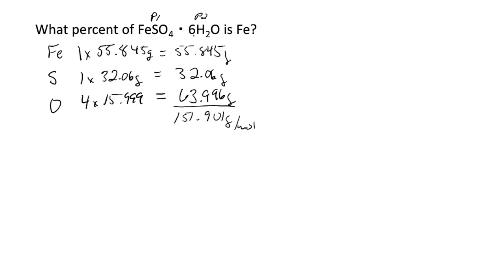Now for the hydrate component. Since I have 6 molecules of water, I am going to calculate my total mass for water and then multiply that by the coefficient of 6. In water, there are 2 hydrogens, which has an individual mass of 1.008, and there is 1 oxygen with an individual mass of 15.999.